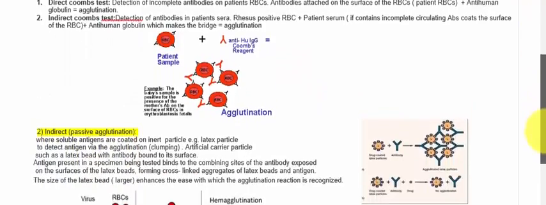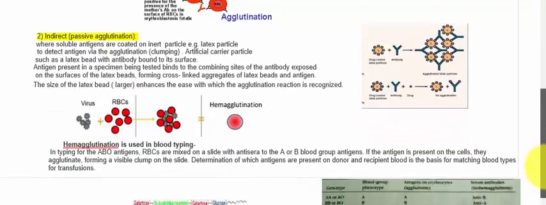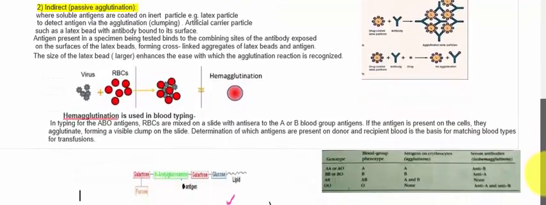The next type of agglutination is indirect, or you can say passive agglutination. Passive agglutination requires an inert particle such as a latex particle, where the soluble antigens are coated, and the purpose of these inert particles is to detect the antigen by the agglutination process.